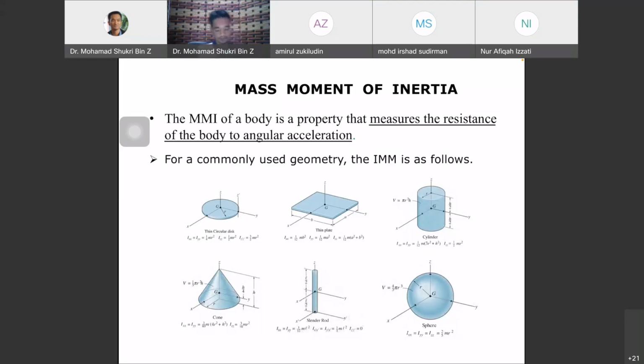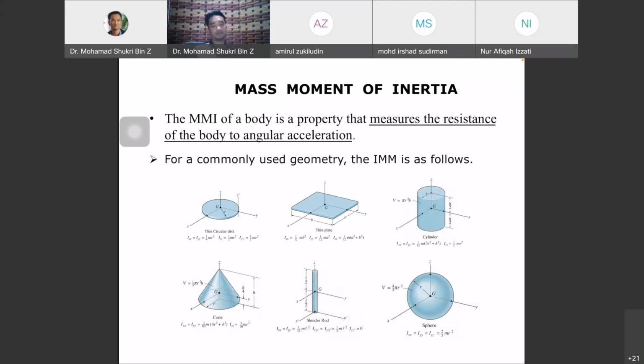website. Okay. So mass moment of inertia is a property of a body that measures resistance of the body to angular acceleration. Dia ukur how hard the body tends to rotate. Betapa susahnya body itu nak berpusing, itu kita wakilkan dengan mass moment of inertia.